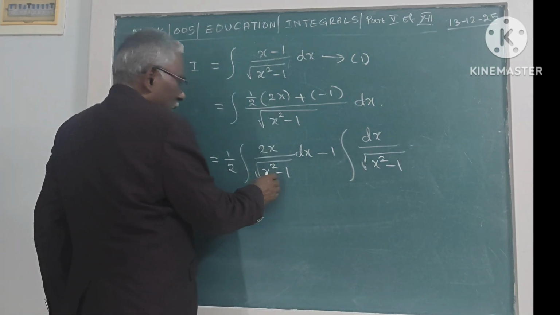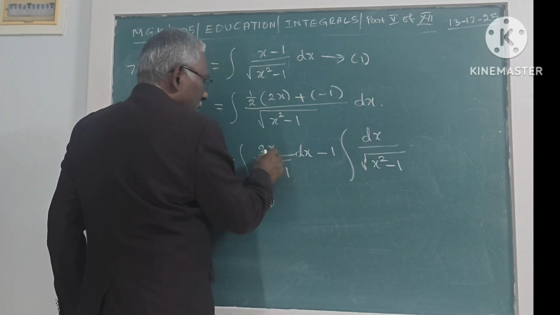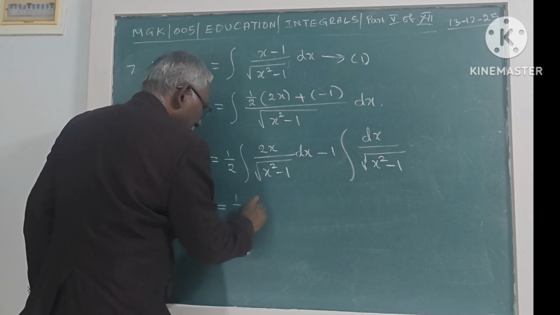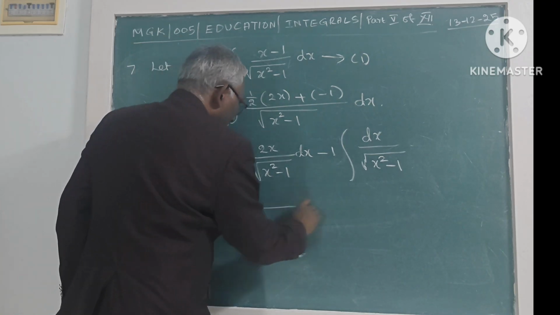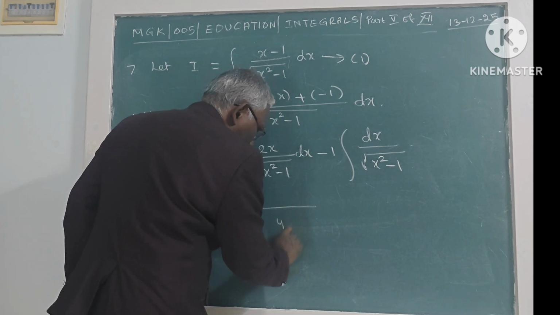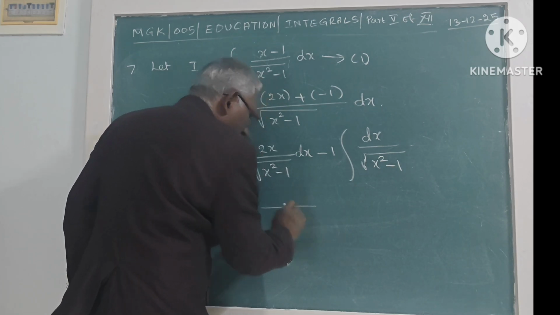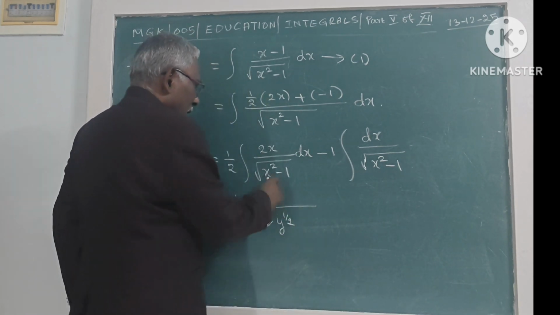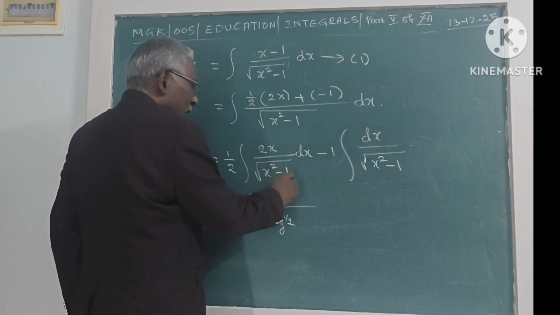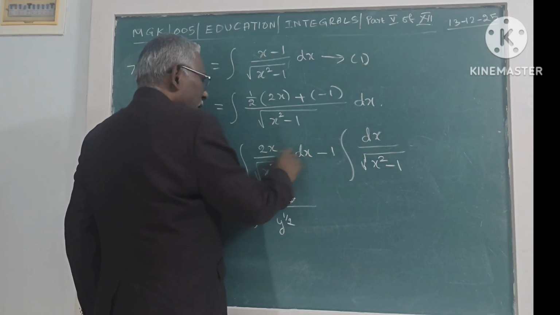Here, if we differentiate x square minus 1, we are getting 2x. So we will take half times 1 by square root of y. Square root of y is y power half. And if we take this as y, 2x dx becomes dy.